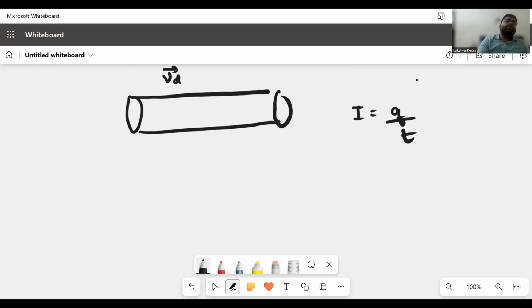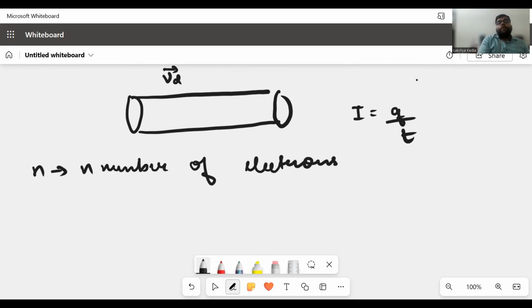So let us assume that there are n number of electrons per unit volume, and let the area of the cross section be A. So what will be the total charge present inside this? And let this length be L.